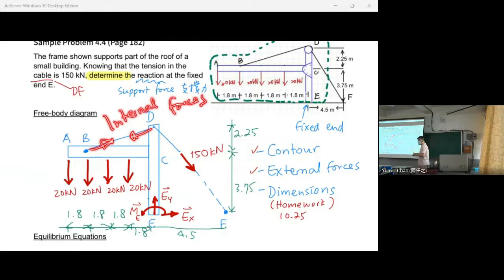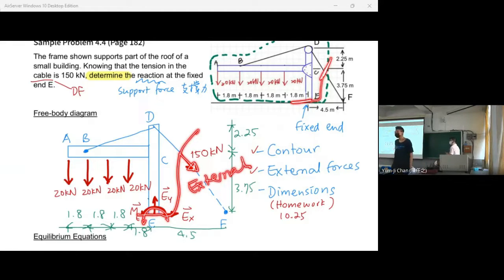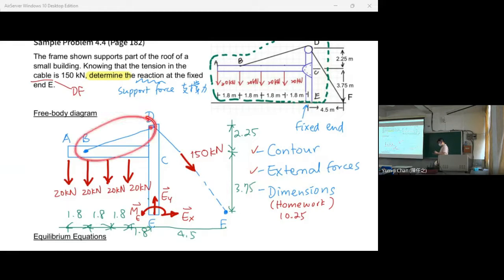And because our free body ends here, these are external forces. The forces in this cable are internal, so we do not need to draw these.